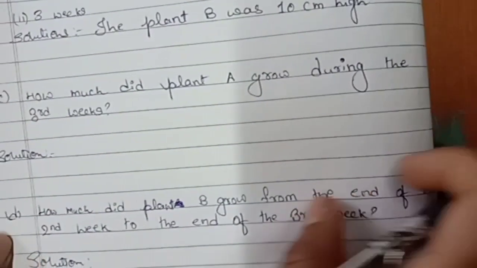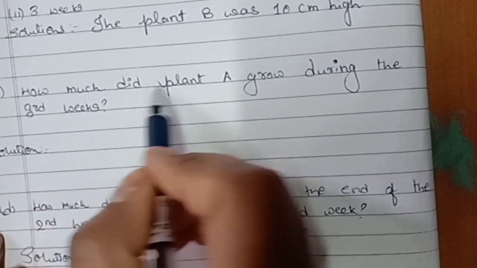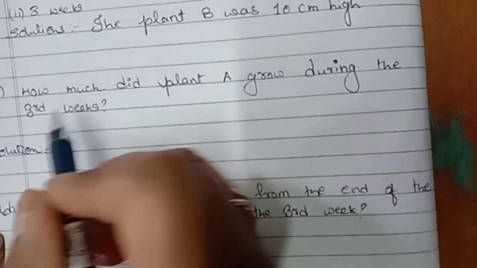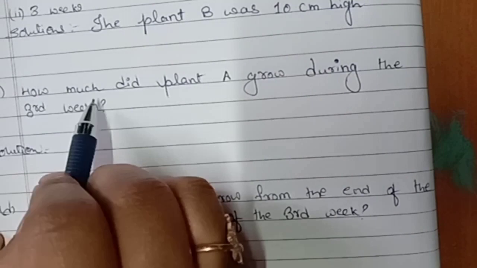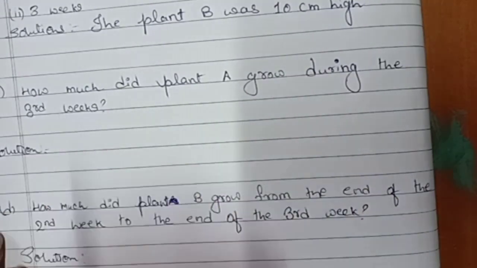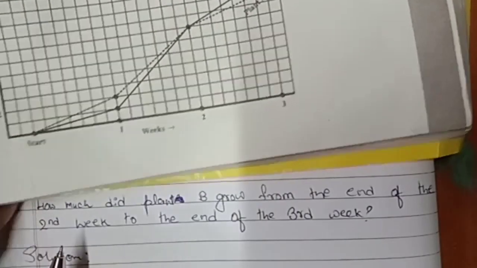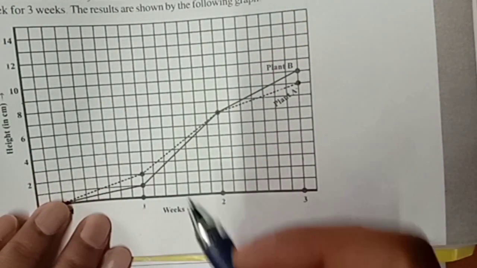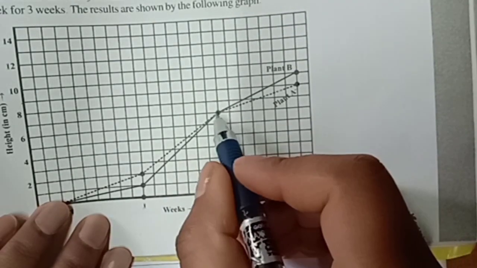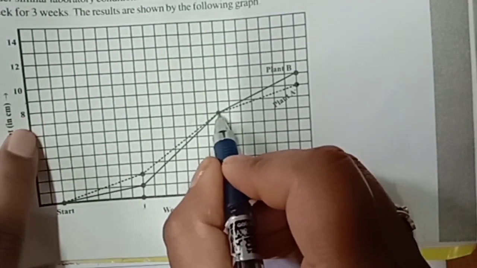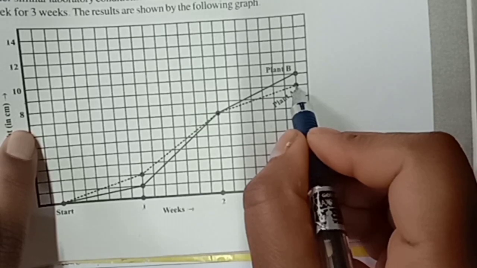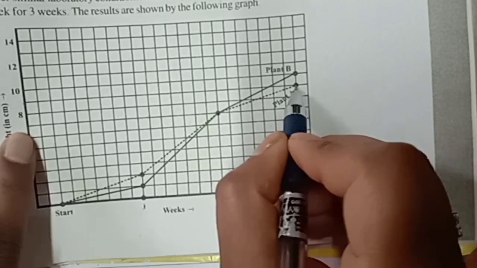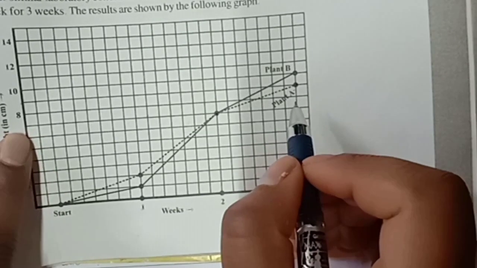Now question number C. How much did plant A grow during the 3rd week? So we will check from the graph. This is 3rd week, right? And this is 2nd week. So from 7 centimeter to 9 centimeter it grew during the 3rd week.